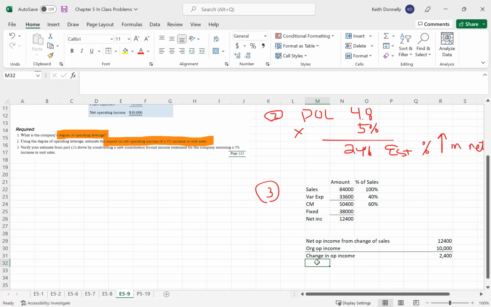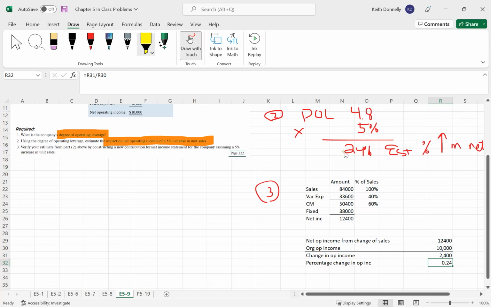As a percentage change, we do the 2,400 divided by the 10,000. There we go, we're at 24%. That ties out right up here, 24%, 24%. That's how we prove it out in step 3.